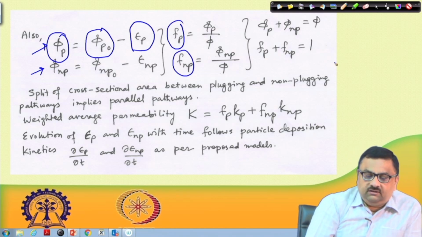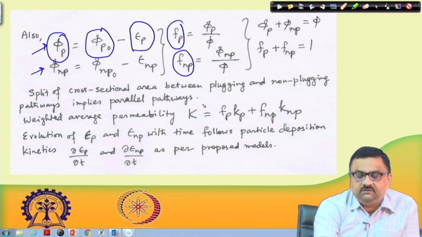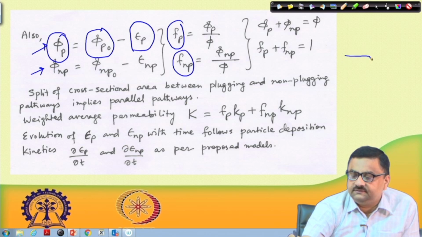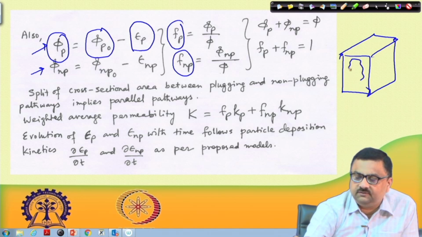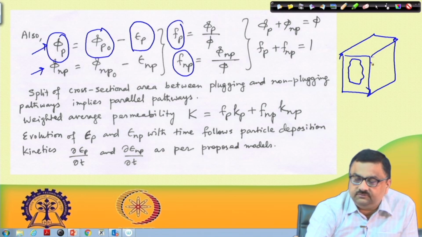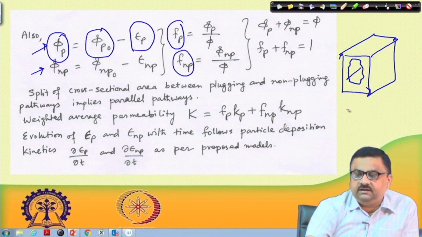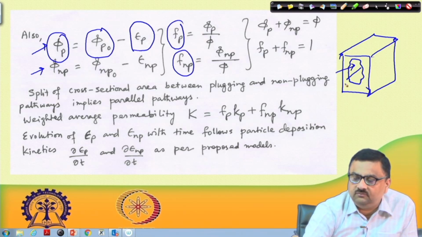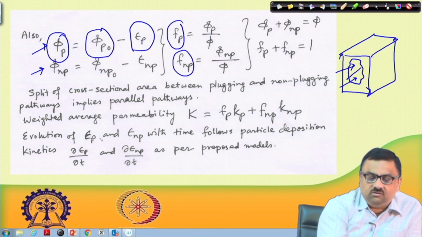Now I can think of the split of cross-sectional area between plugging and non-plugging pathways, which implies parallel pathways. In the same drawing that I drew earlier, this is the differential volume of the reservoir, the porous system we are talking about, and this is the void through which the flow is taking place, out of which a part is plugging and the other part is non-plugging. So, we have to treat this as parallel flow, one through the plugging pathway, another through the non-plugging.